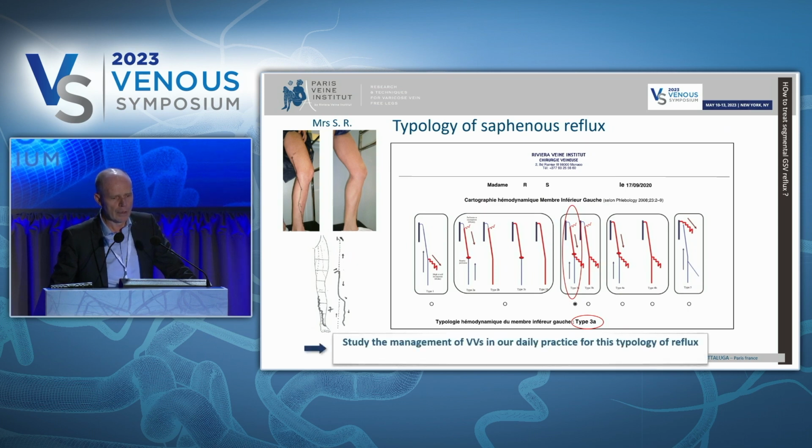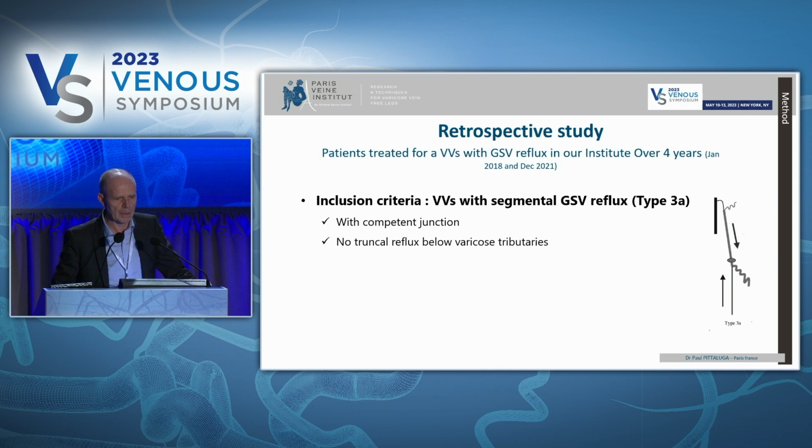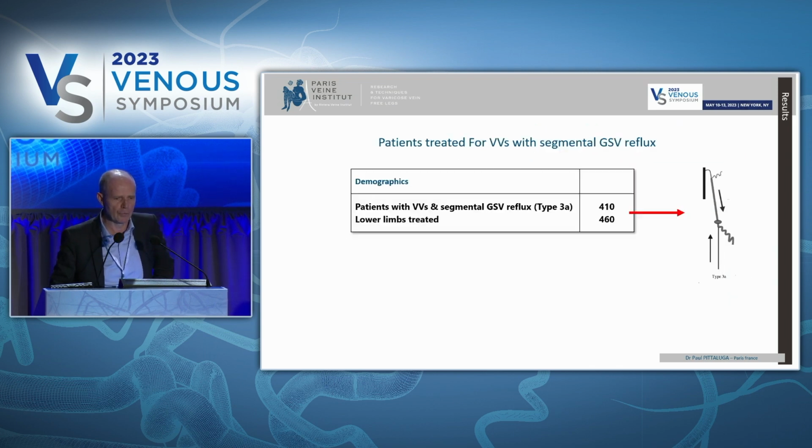So we wanted to study the management of varicose veins in our daily practice in this situation. We reviewed all patients treated for varicose veins with GSV reflux during 4 years, focusing on patients with varicose veins and segmental GSV reflux identified as 3A.